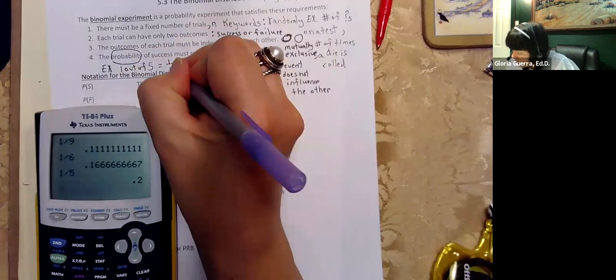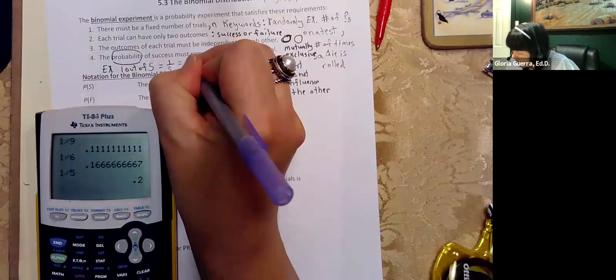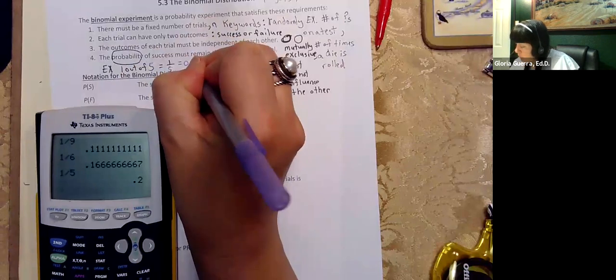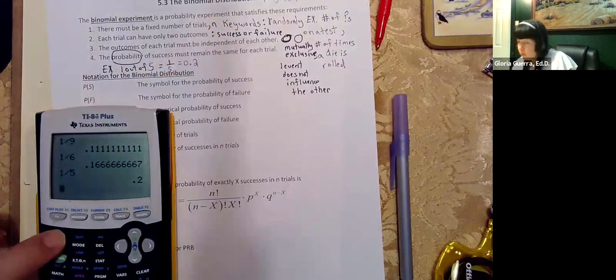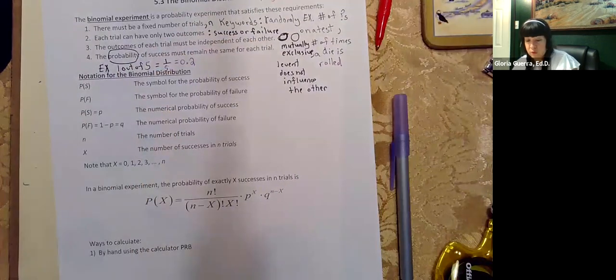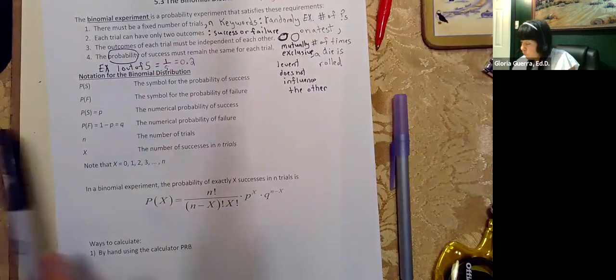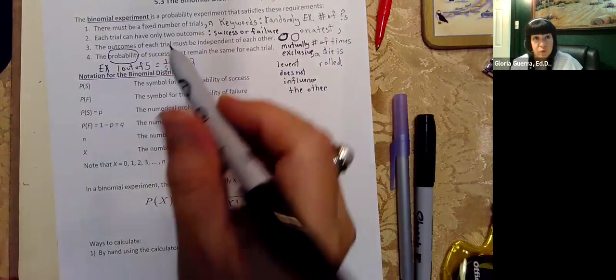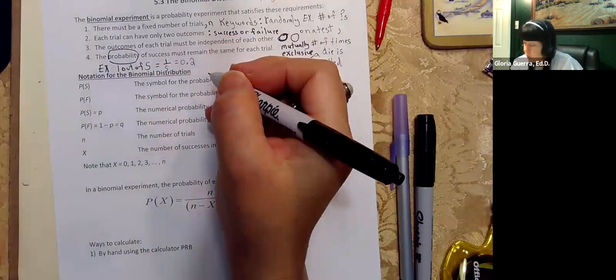Because if something terminates, then you can work with the decimal. If something repeats, then you don't want to round it off on your own, because then you have round-off error. So that's why I'd rather use 1 out of 5 as an example here.